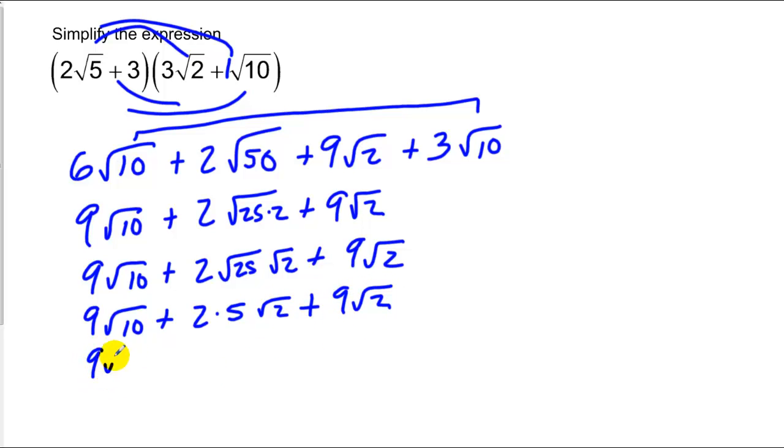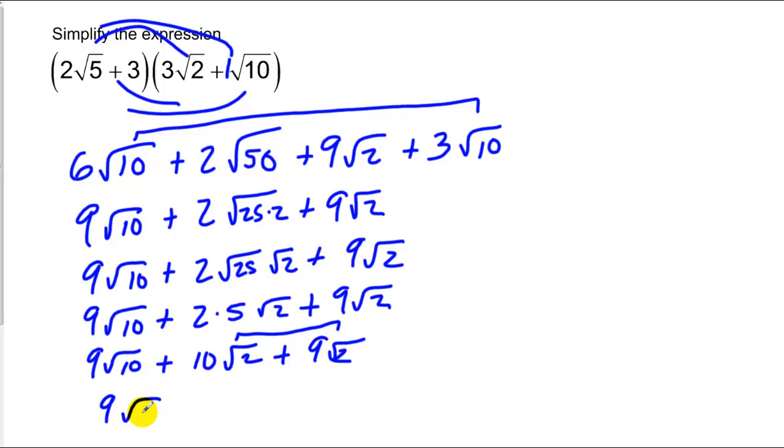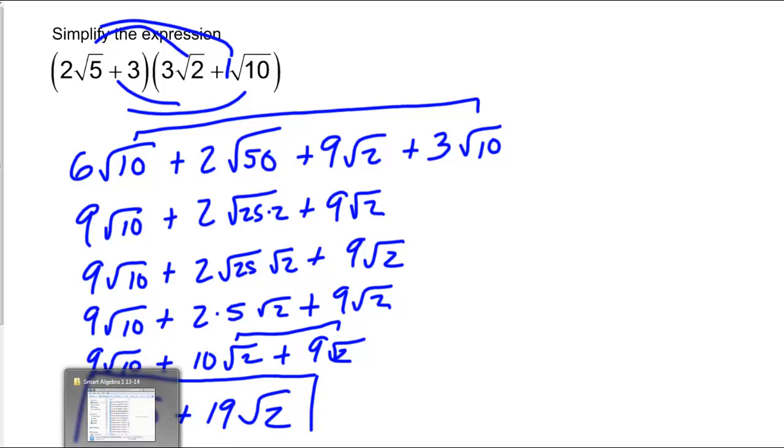This is 9 root 10 plus 10 root 2 plus 9 root 2. And now I have like roots here. I can add the coefficients out in front, so this is 9 root 10 plus 19 root 2. And no more simplification can be done.